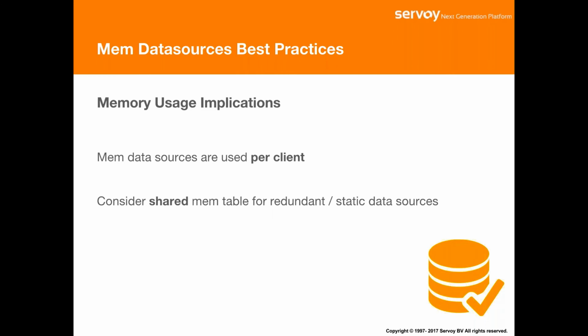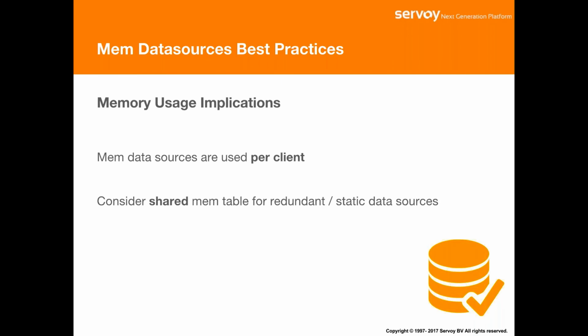Keep in mind that these are in-memory implementations, so there are implications for creating lots and lots of in-memory tables. By default, when you create a memory data source, it is per client. So the example I gave was that flood policies data set with 36,000 records in it. If I had 100 clients and each of them read in that same CSV file, then that would probably put quite a big footprint on the application server.